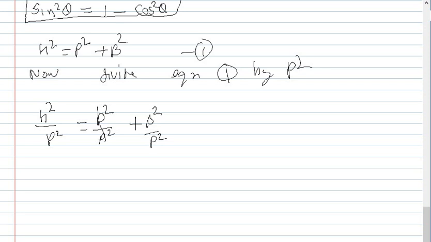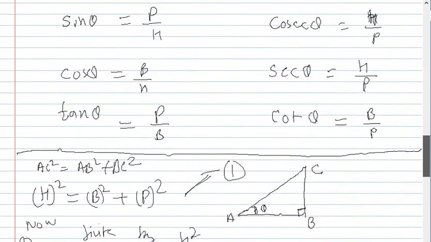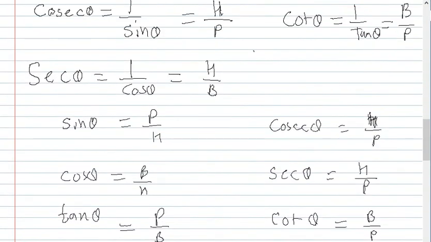Perpendicular upon hypotenuse was sine theta, and this is its opposite. So we get h upon p whole square is equal to 1 plus b upon p whole square. Here h upon p is cosec theta.